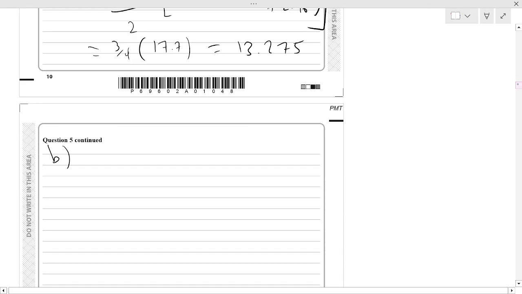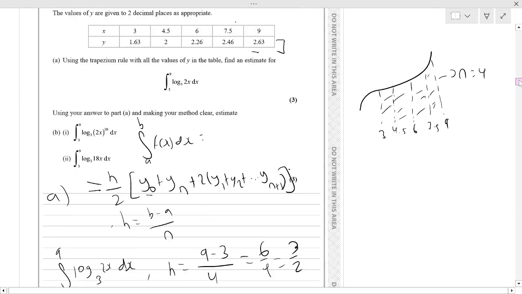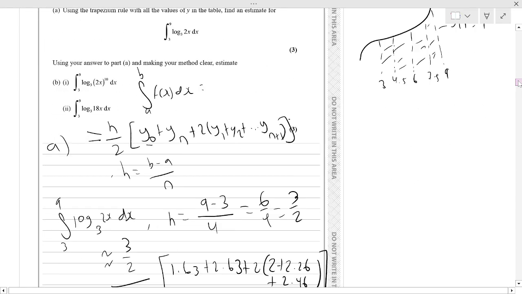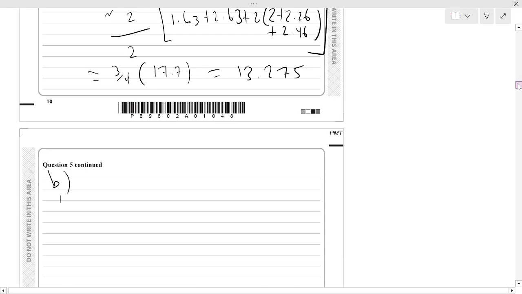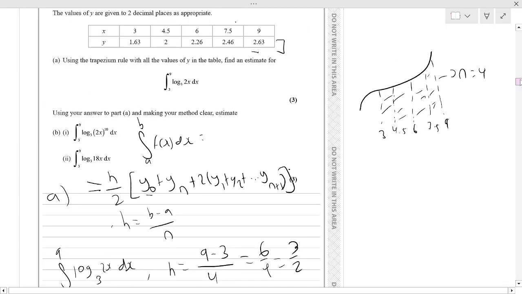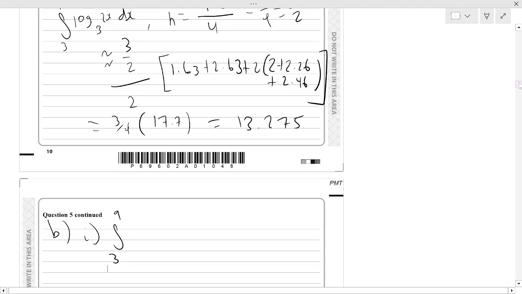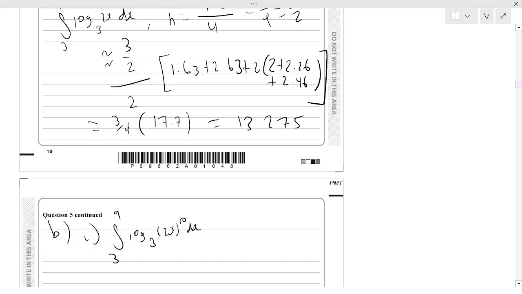Part B. Then it says to use your answer to part A to estimate some related integrals. So the first one is the integral between 9 and 3 of log 3 of 2x to the 10, was it?